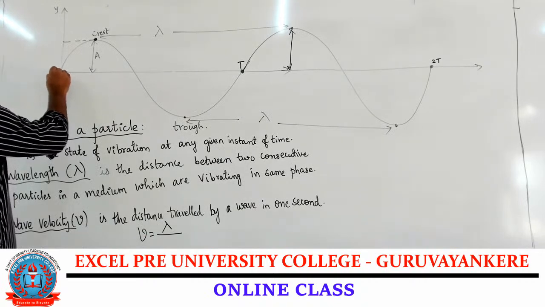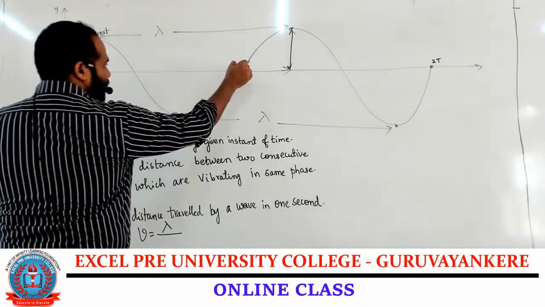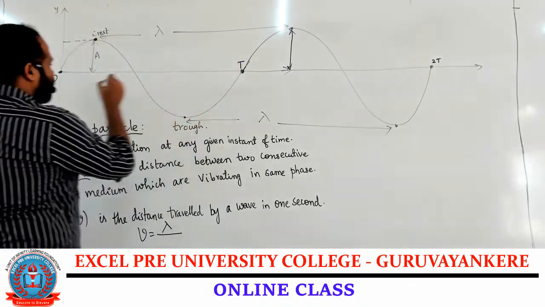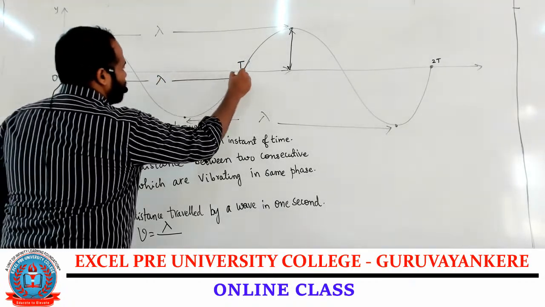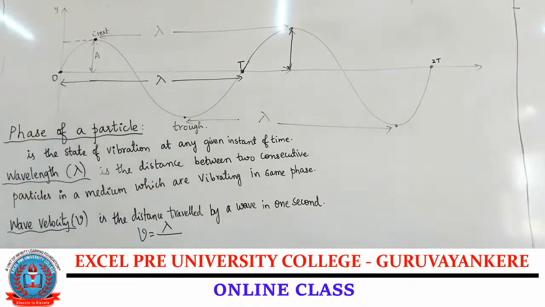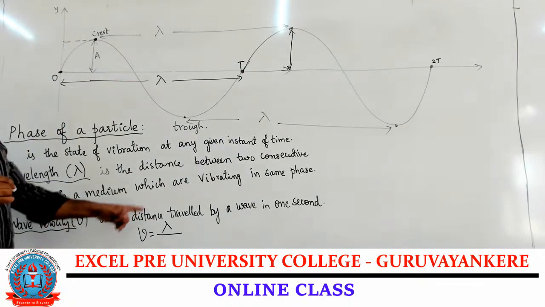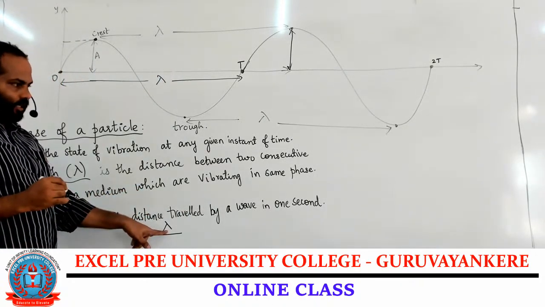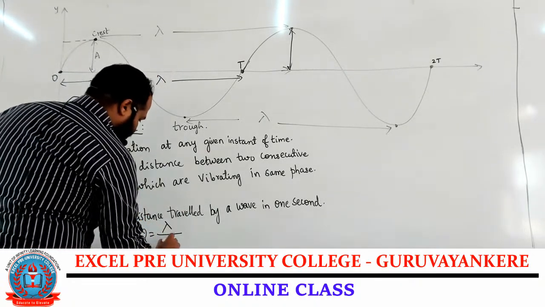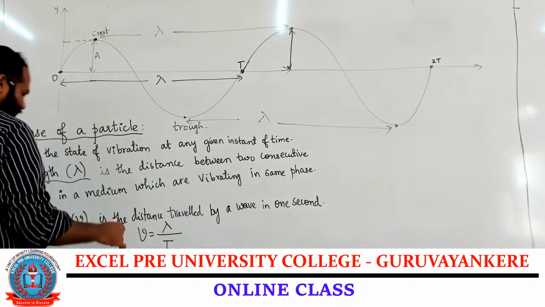Look here, at the starting position and at the position after it completes one time period, they are vibrating in the same phase, no? So it can also be the wavelength, correct? So distance traveled by a wave means a single wave in 1 second, which is the time. Total wavelength by total time.